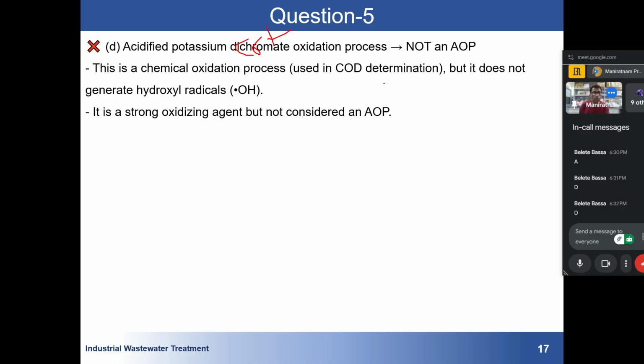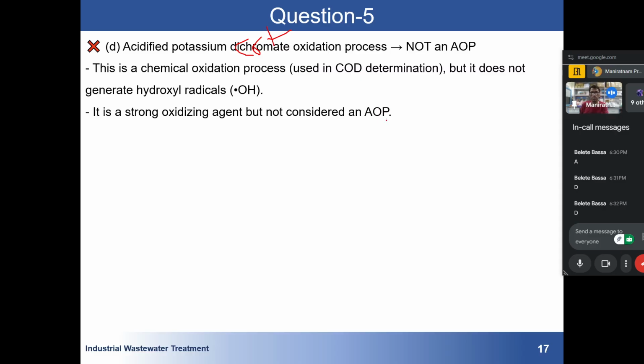In chemical oxygen demand, we generally use potassium dichromate for any organic matter, say in simple wastewater, to see how much oxygen is required for complete oxidation of that particular organic matter. So it is a strong oxidant but not considered as AOP.